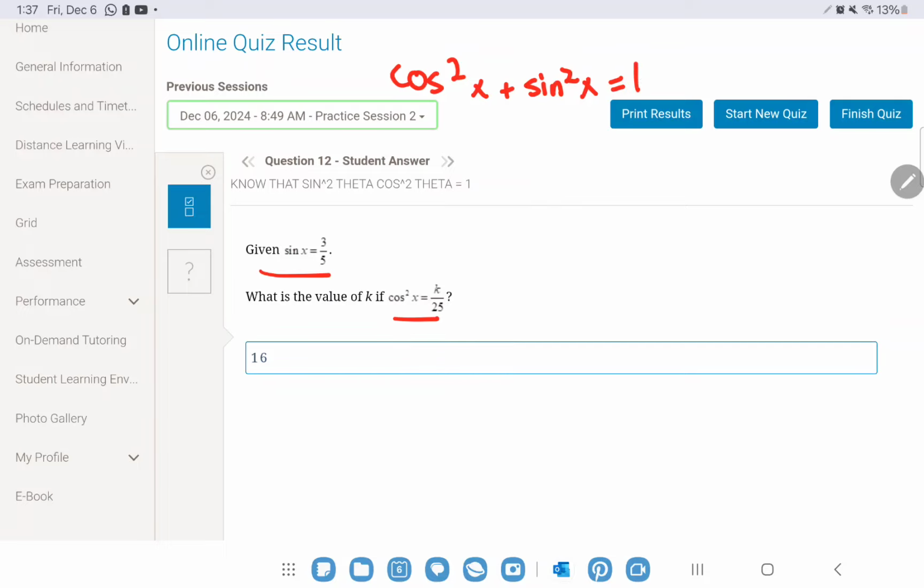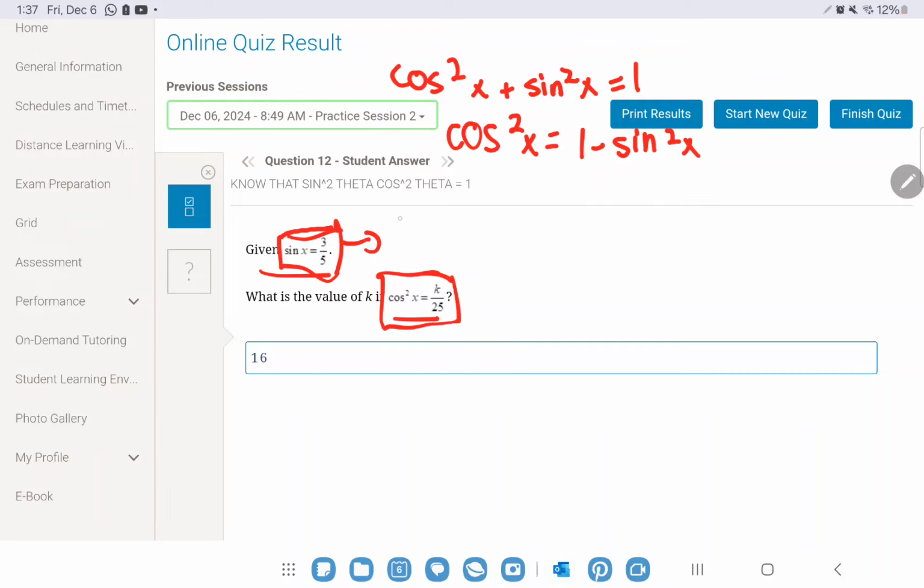So if we add the square of this and this, it's going to equal 1. So cosine squared x equals 1 minus sine squared x.